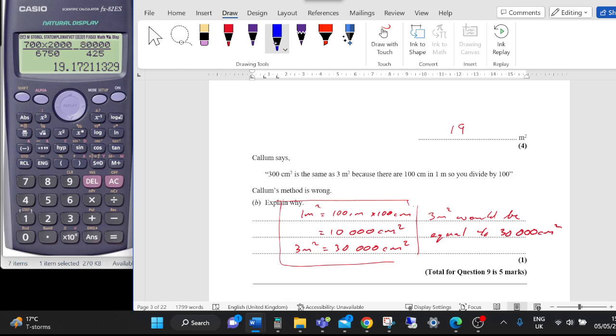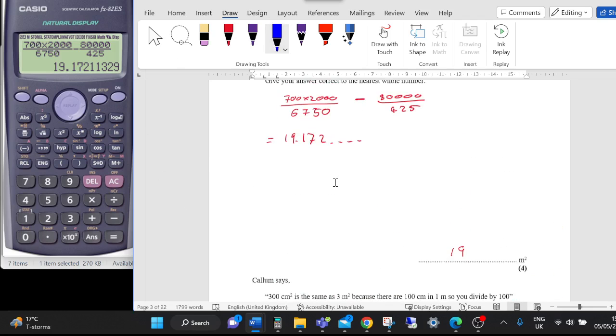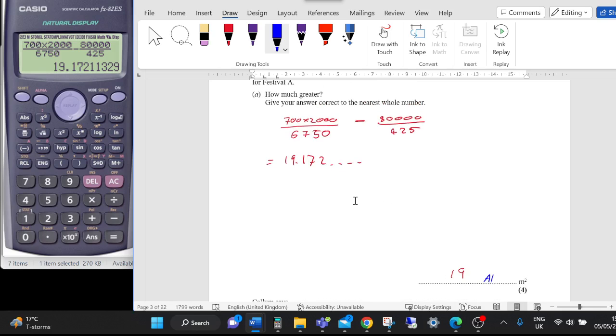Right, marks for that then. If you start with A, they agree with me for 19. Then you picked up a processing mark for subtracting the two values. A P1 for working out the area of that one. And then a P1 for working out, is it both or just one? At least one.